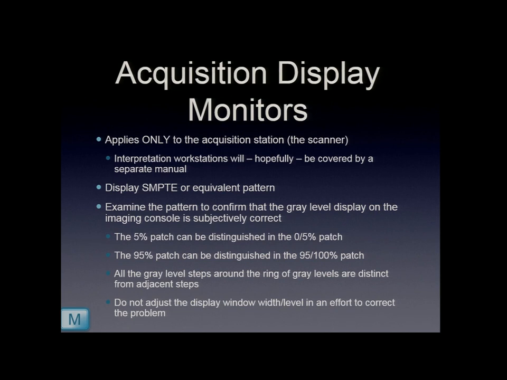And usually a radiologist, if they are looking at their monitors and they see missing pixels or artifacts, is going to complain: I just spent $30,000 on this thing, it's got a missing pixel. Somebody come in here and fix it, or replace it. Spend another 30. But anyway, they should look at that. They need to examine the pattern and make sure that they can distinguish it from the background that it's in.